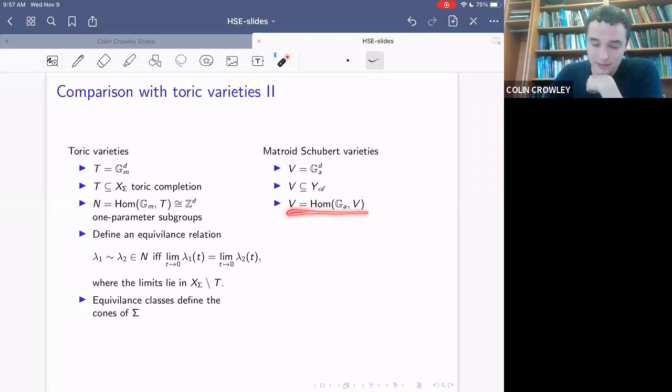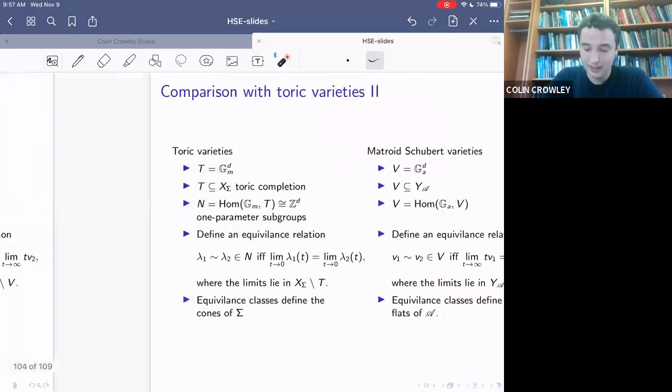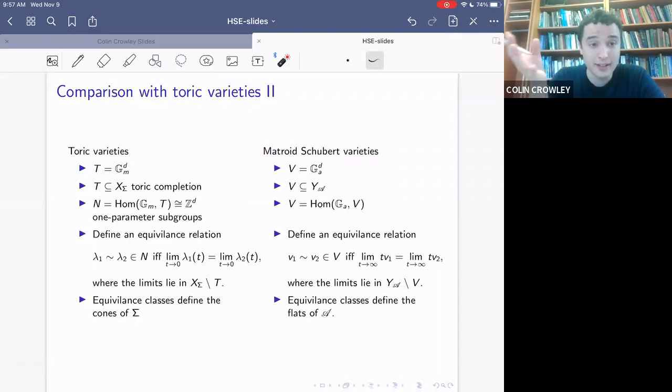So this is just V. I define an equivalence relation where, given two vectors V1 and V2 in here, I say they're equivalent if, as you scale them, t times V1 and t times V2, as t goes to infinity, these two limits lie in the same boundary point in the boundary of Y this time. And this equivalence relation on the vector space cuts out these strata, these flats. If you know all the flats, you know the hyperplane arrangement.